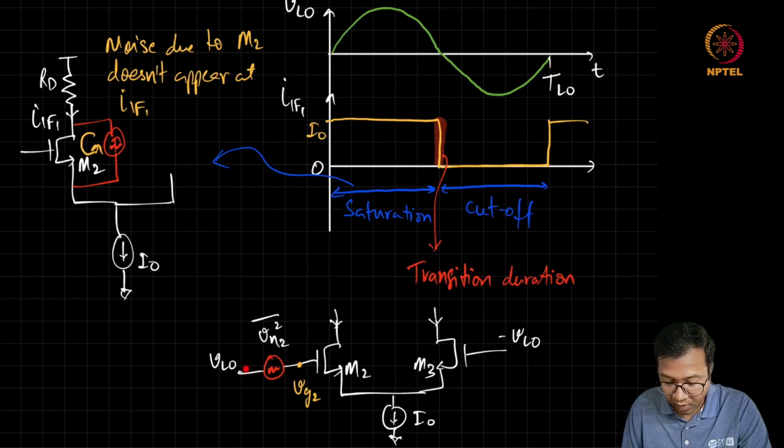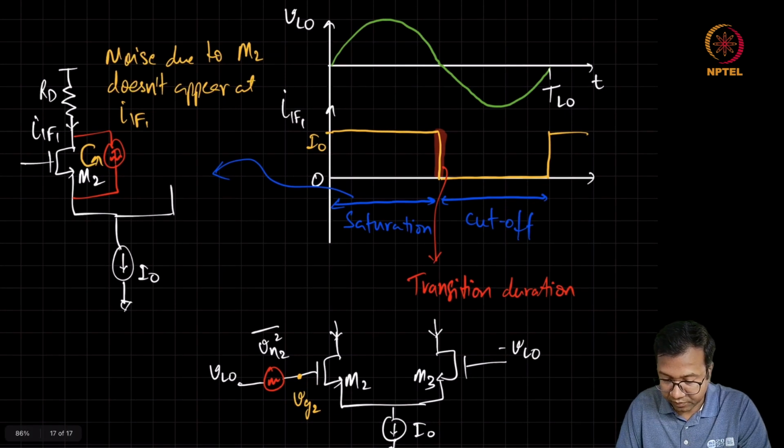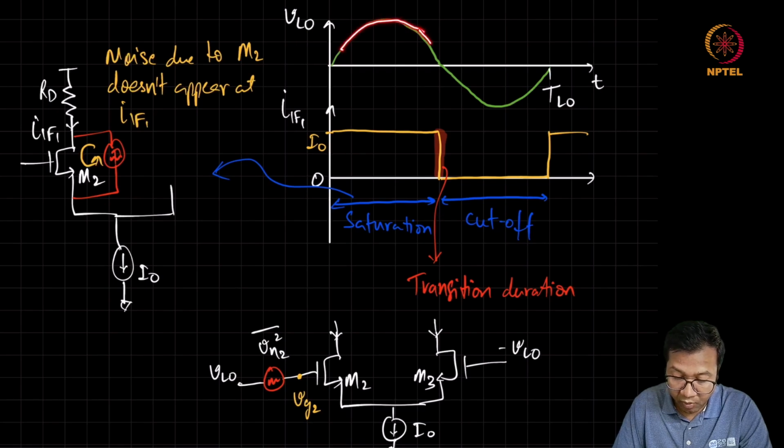It is going to be VLO plus some VN2. As a result, this VG2 will have a slightly different waveform. More or less it will look like VLO, but when VLO becomes very weak, close to the zero crossing, the effect of VN2 can be visible.